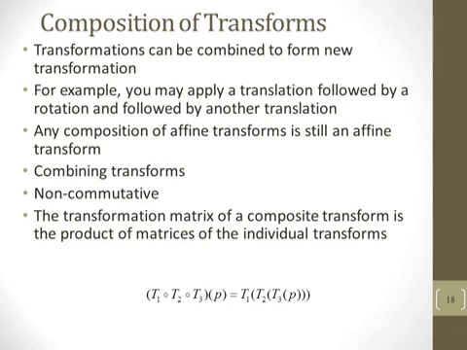In our notation, the transforms in a composite are applied from right to left. For example, when the composite transform T1 ∘ T2 ∘ T3 is applied to point P, the order of transforms is T3, T2, T1. As we can see, we apply T3 on P, then T2, then T1.